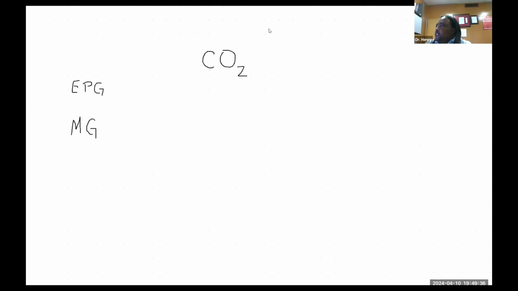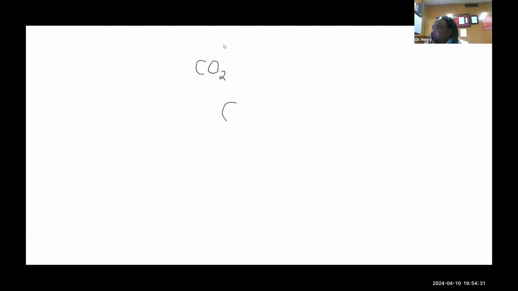Okay, so the first thing that you want to do is draw your Lewis structure. So who's going to go in the middle? Carbon. Okay, and how many valence electrons does carbon have? 4. Oxygen has 6. That's right.